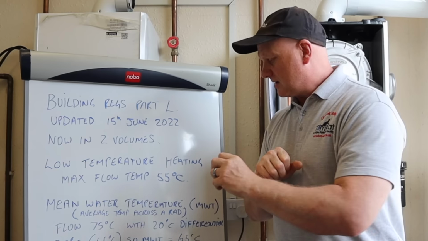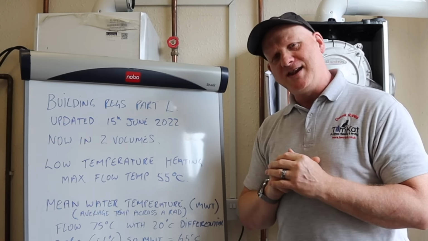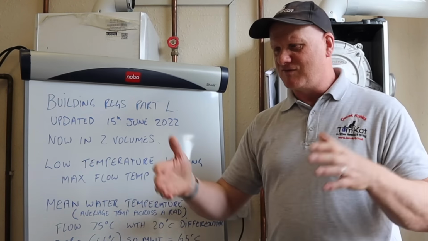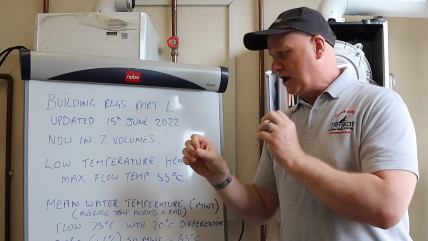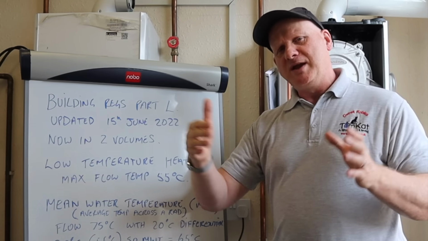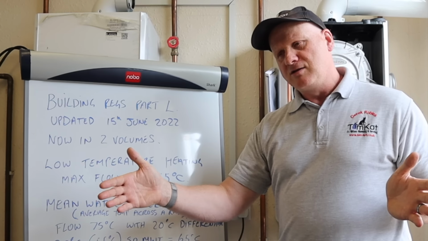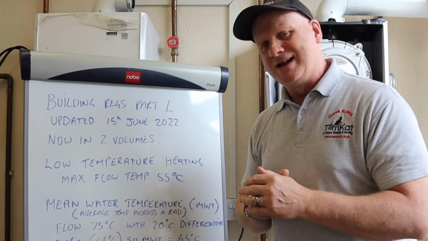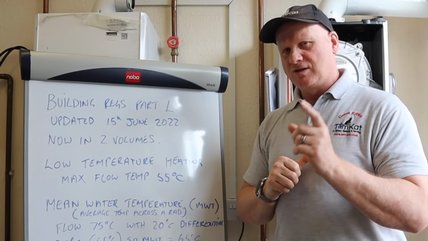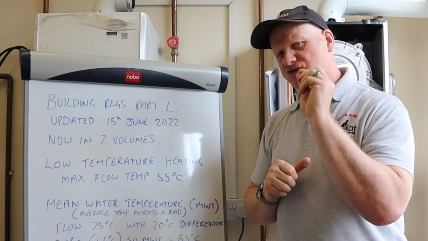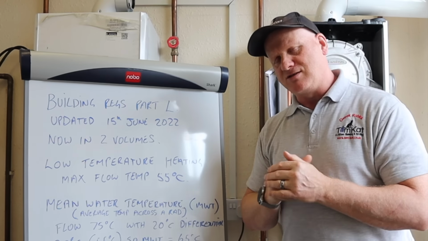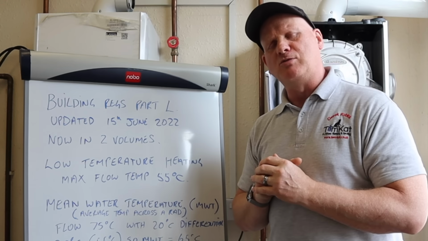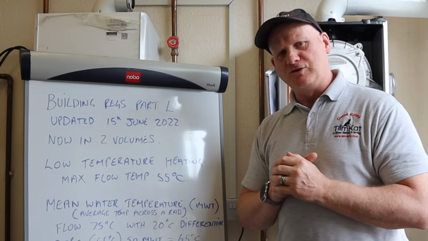If you don't, then you might have to have your radiators and your pipework replaced for bigger pipes and bigger radiators, because the lower the flow temperature, the bigger the radiator will require to be able to heat the room to desired temperature. So again, before you start adjusting that flow temperature, we need to know whether our radiators are big enough to be able to cope with the reduced temperatures.